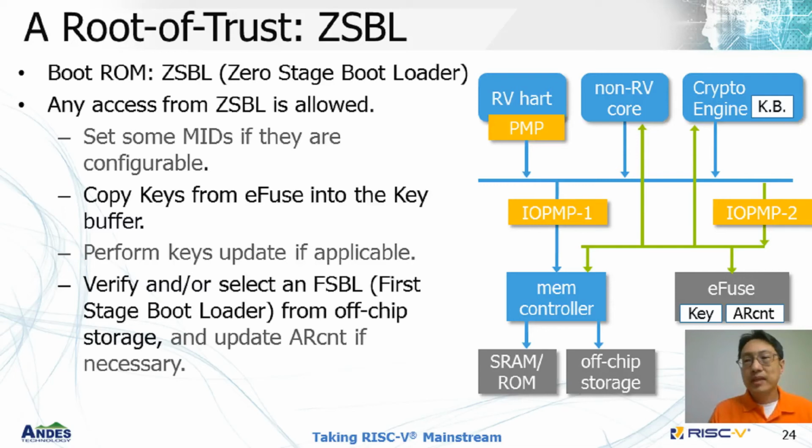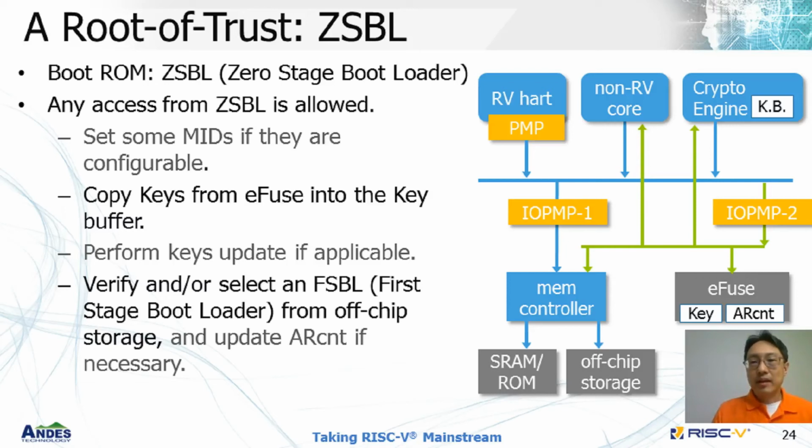Subsequently, we copy cipher keys from eFuse to the key buffer inside the crypto engine. If there is any key update, for example, in the previous run, new keys are stored in off-chip storage by a key wrap, we can unwrap the new keys with the old key and replace keys in eFuse at this moment.